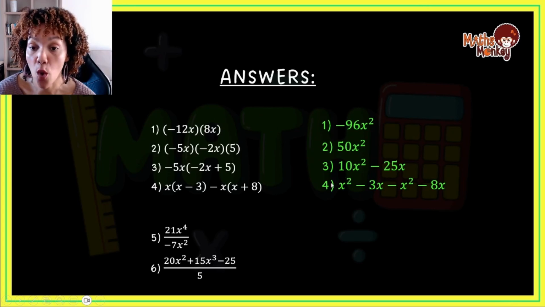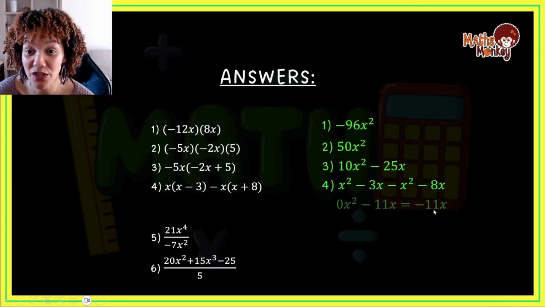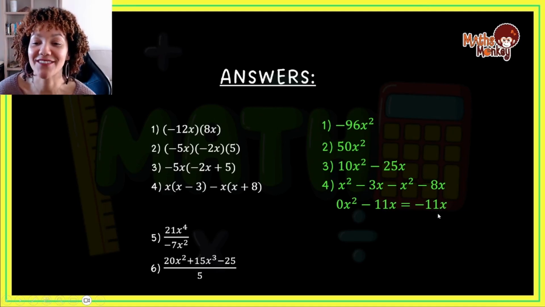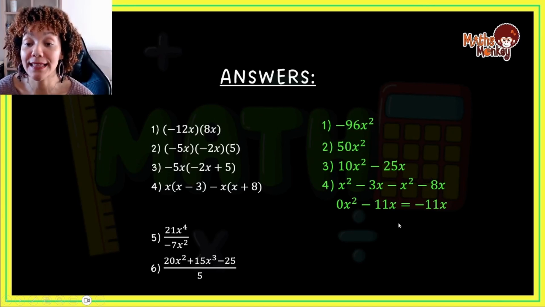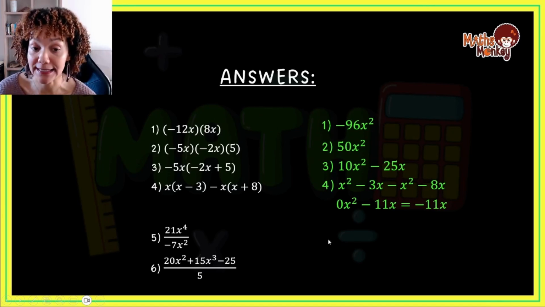We notice that 1x squared minus another x squared is 0x squared. So then we have negative 3 minus negative 8, which is negative 11x. Because this is 0, we end up just with negative 11x. Again, this is where we deal with like terms. So if you didn't quite get this right, it's fine. I do have a video on like terms.